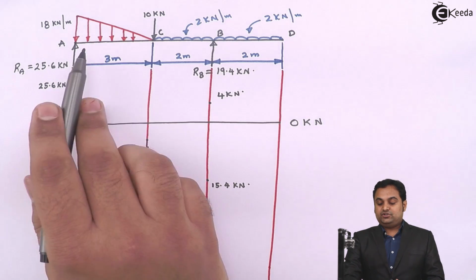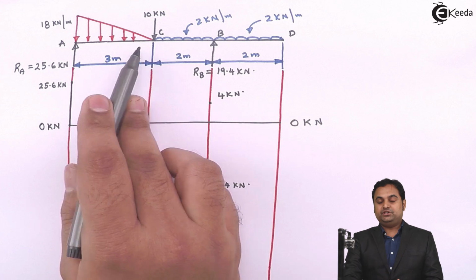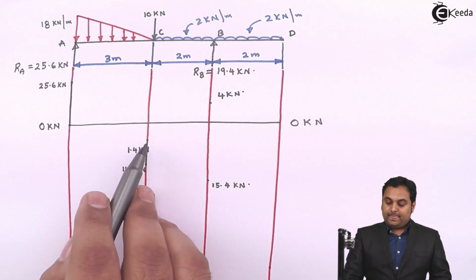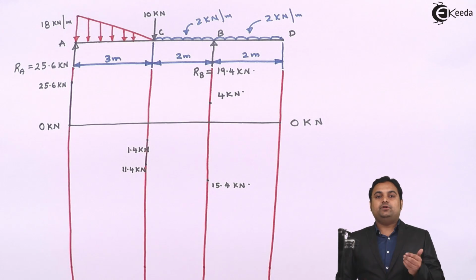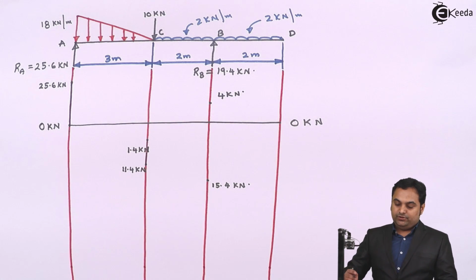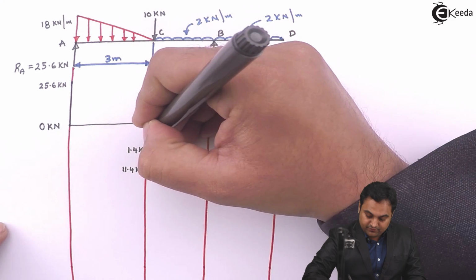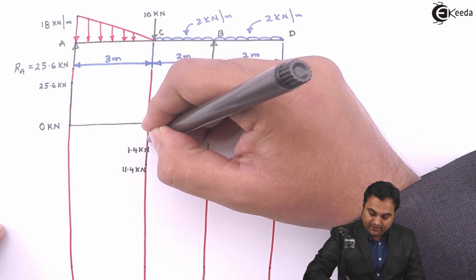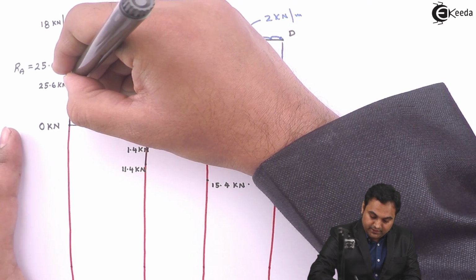As we see, there is UVL from A to C, so whenever we have UVL in the beam, the shear force diagram should have a parabola. So here between A to C, connecting plus 25.6 and minus 1.4, there should be a parabola.